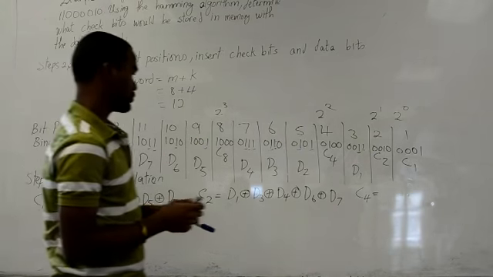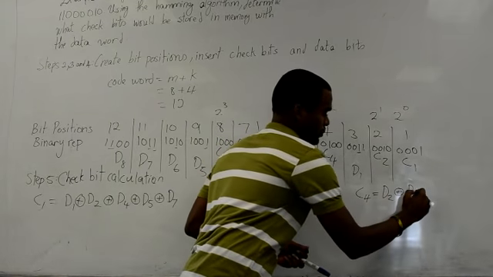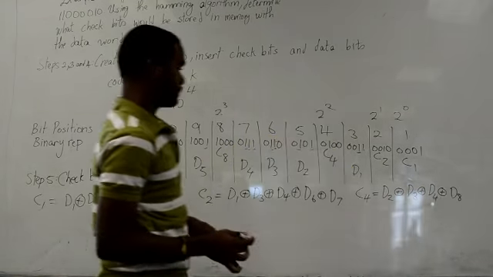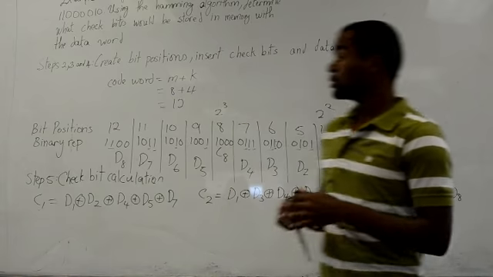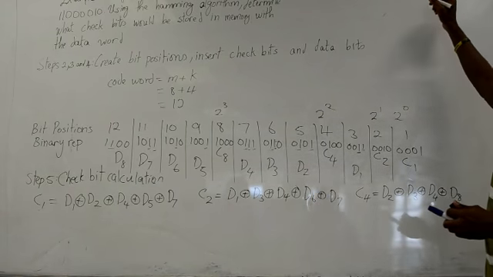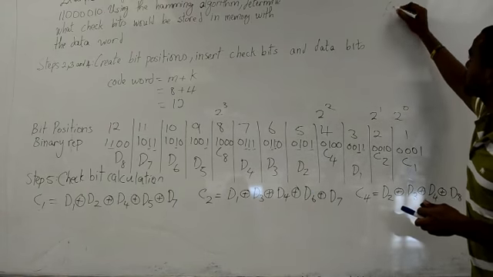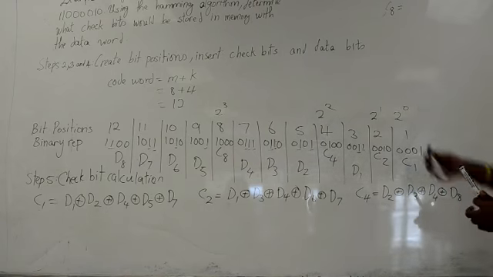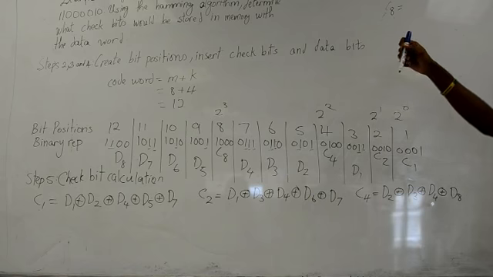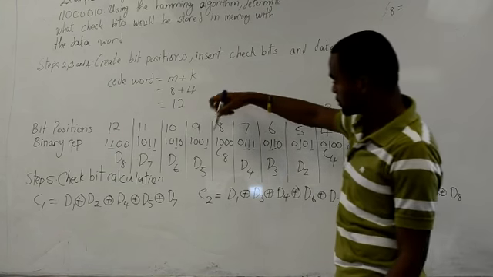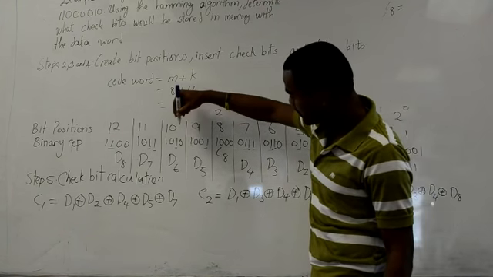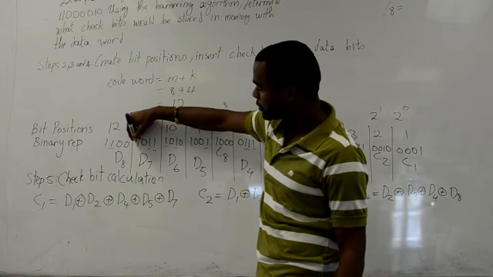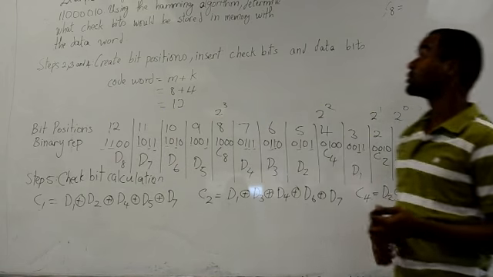So 2, 3, 4, and 8. Alright, now for check bit 8, and again, 1's in the 8th position. So that's 5, 6, 7, 8.